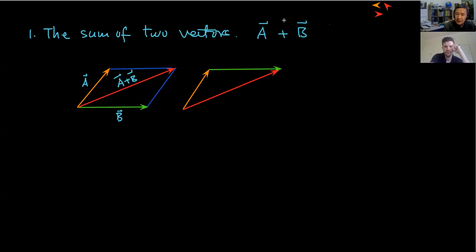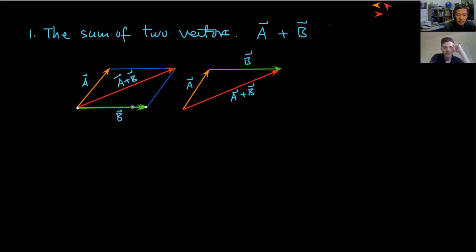So this is the way we work out the vector sum in practice. This is vector A, this is vector B, and this is the sum, A plus B. Of course, this is a variation derived from the first rule, because after all, you can see this second vector.